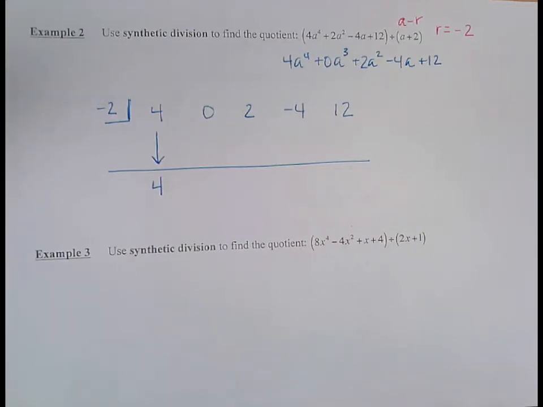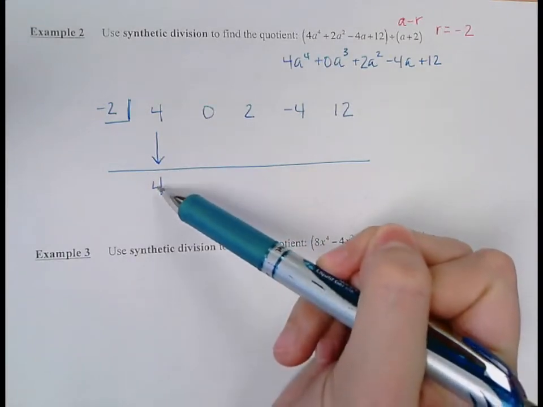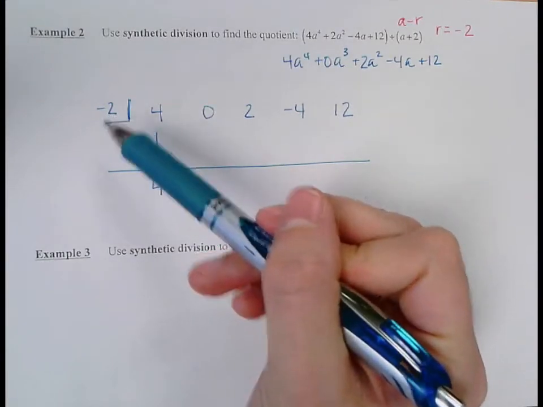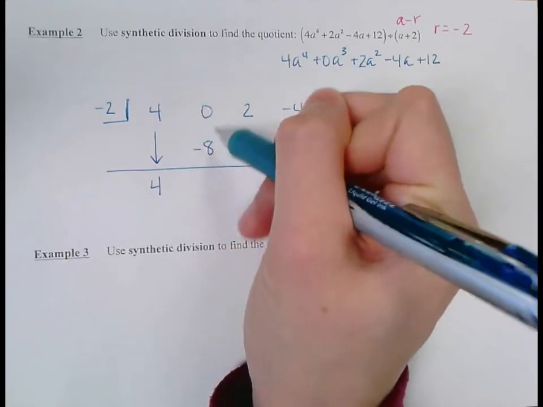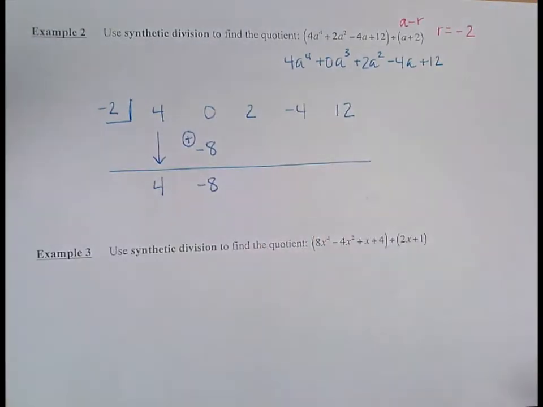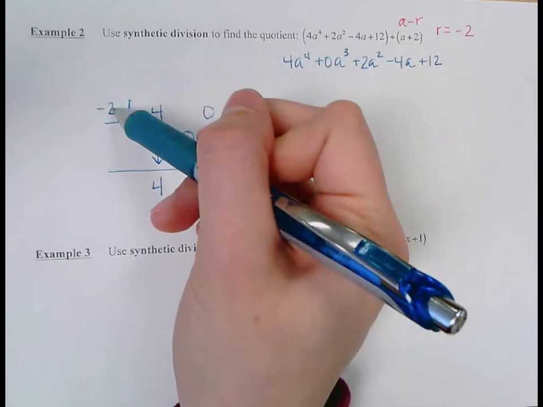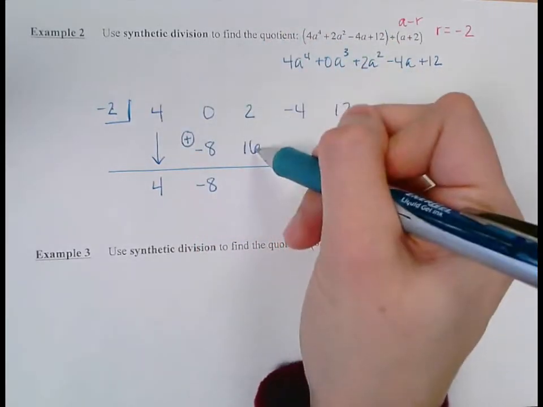Okay, then you do the synthetic division process. So the 4 below the line gets multiplied by the r of negative 2, that's negative 8. Negative 8 goes below the 0. They get added together. 0 plus negative 8 is negative 8. Repeat. Negative 8 times negative 2 is 16. That goes below the 2.